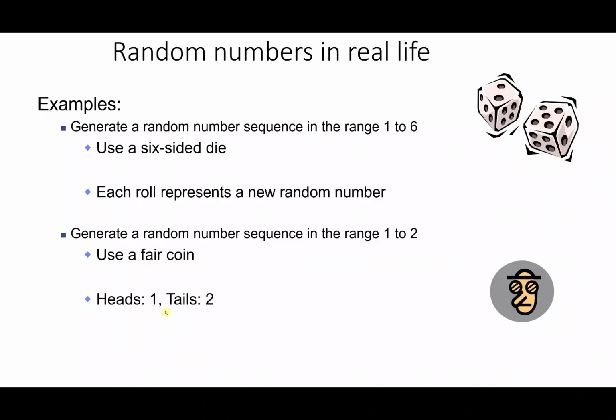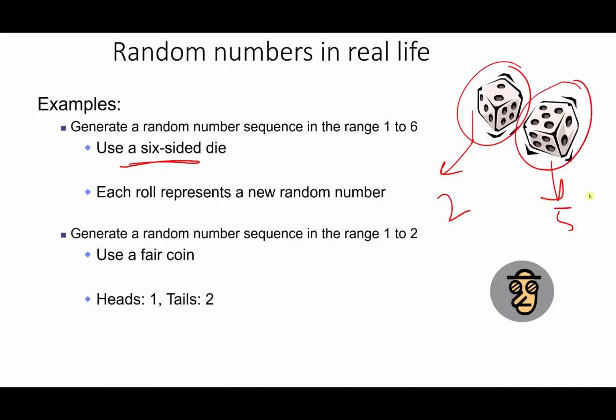So, for example, sometimes if you have a game and you want to generate a random number, because if you throw a die, right, or two dice, if it's a six-sided die, then you don't know what the outcome would be, right? It doesn't make sense in a game to always say, okay, the first die is giving you 2 and this one is giving you 5. Doesn't make any sense. Every time I roll the 2 dice, I should get a random number in the range 1 to 6, right?